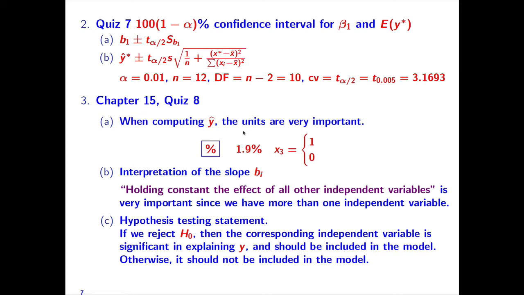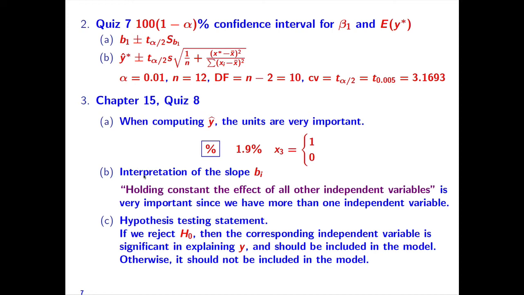So you have to use x2 equal to 1.9 because when you collect your data, the unit was in percentage. And also for this x3, what we have is an indicator function. So when you have a standard car, this x3 is 1.